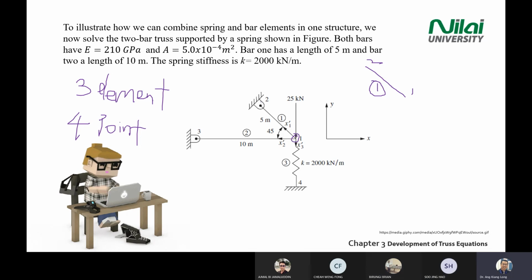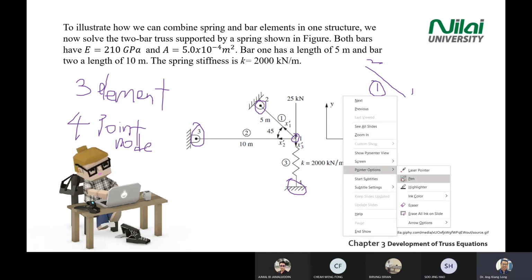You have point 1, point 2, point 3, point 4. Agree? Okay. Don't confuse with all these names. Element means how many bars or springs you have. So you have 3 elements there. Then you have 4 points, 1, 2, 3, 4.